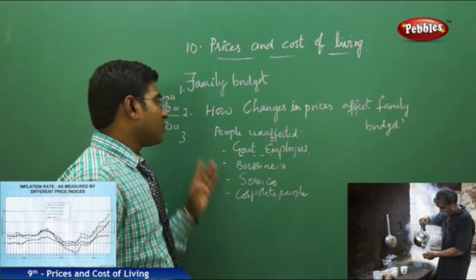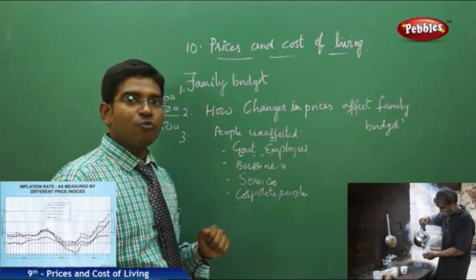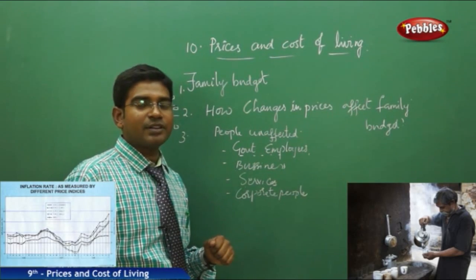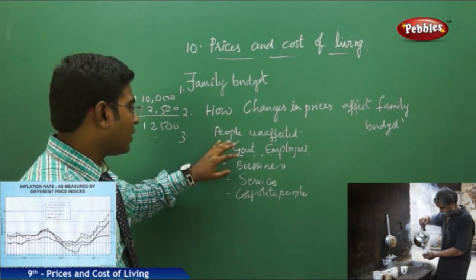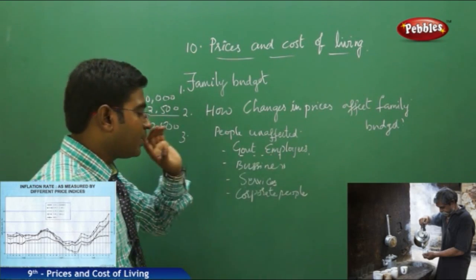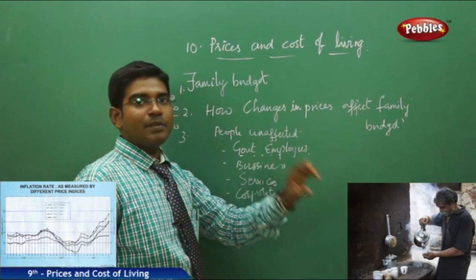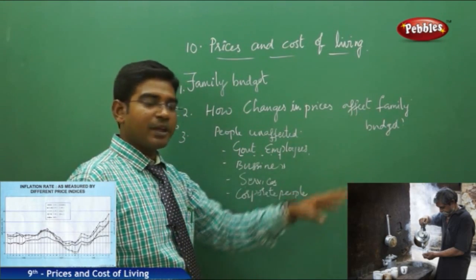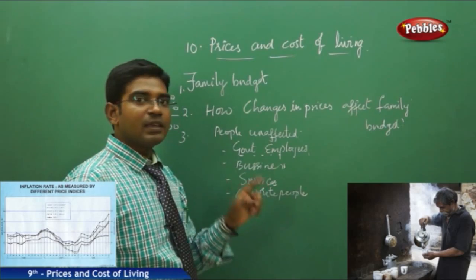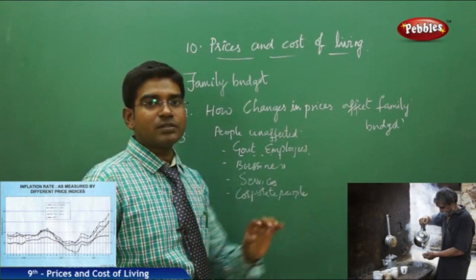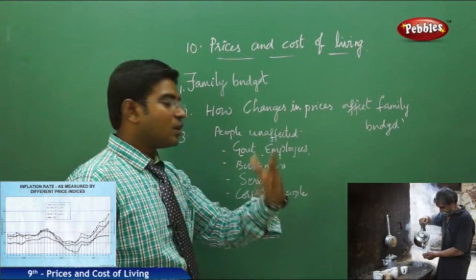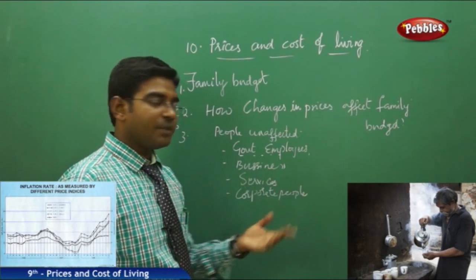These are the 4 different categories of people where the price hikes do not affect their family budgets. One is the government employees, where government allowances are measured according to the inflation and paid to them. Business people pass on the increased price hikes to the consumers especially.